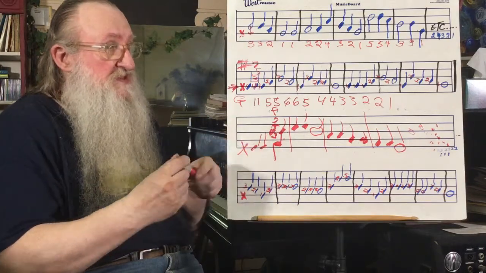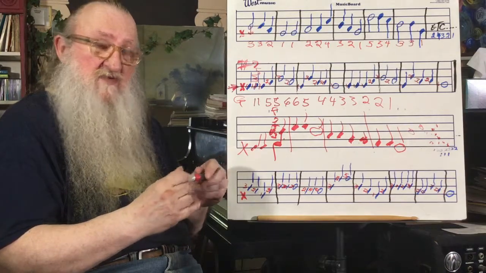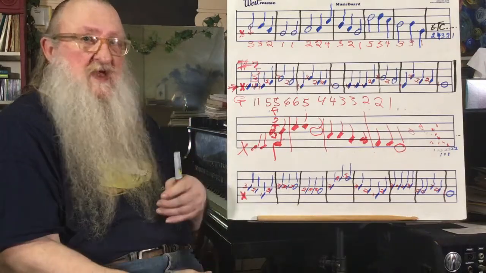E flat is easier to play on the alto, and if you play in the key of E flat, which they call their C scale, again, your fingers are just coming up and going right back down.